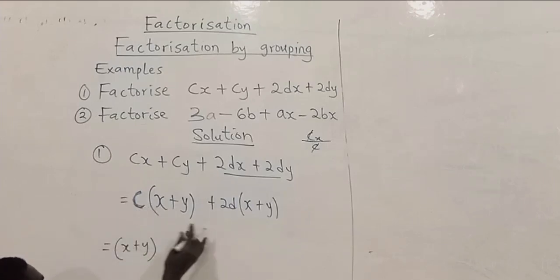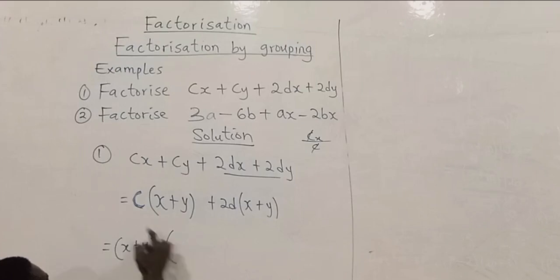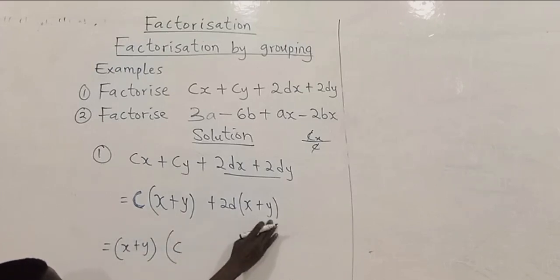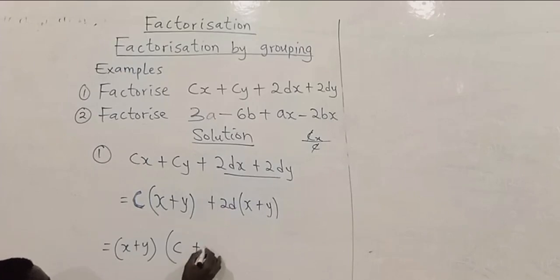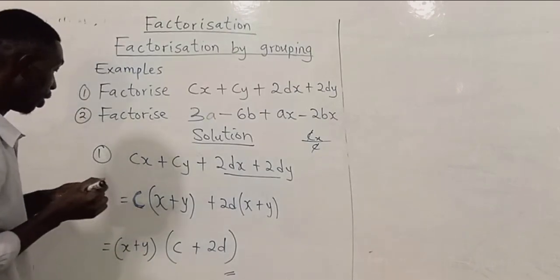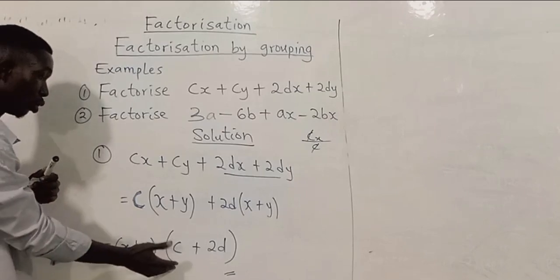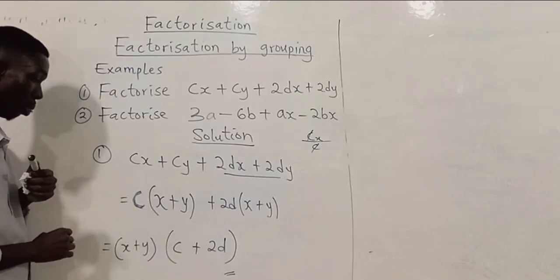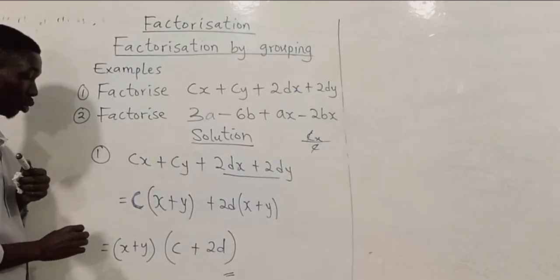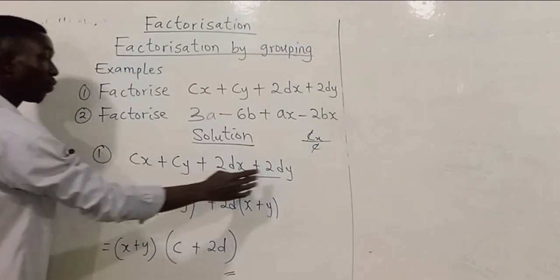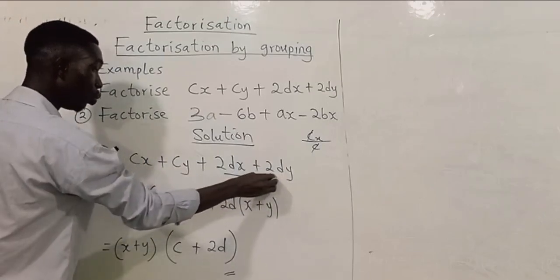When you divide c into x plus y by x plus y, we are left with c. And when you divide the other term by x plus y, we are left with 2d. So this ends the solution to this problem.